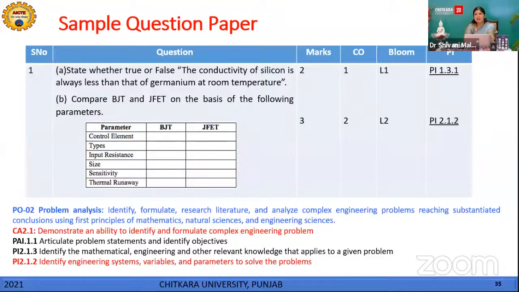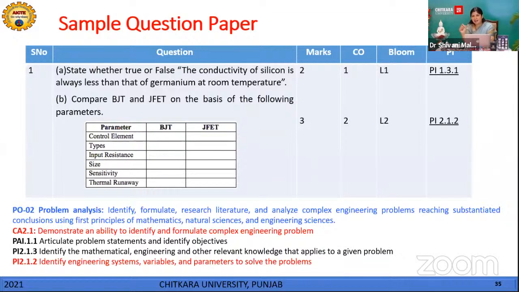1.3.1. Let me take you through the nomenclature of it. What does it mean? The performance indicator nomenclature in itself tells you the entire thing: to which PO it is oriented, which competency is aligned with that PO, and in that particular competency, which performance indicator we are talking about. So in PI 1.3.1, the first digit tells you about the PO, so this is an indicator of PO1.